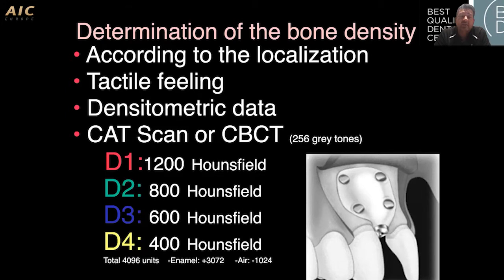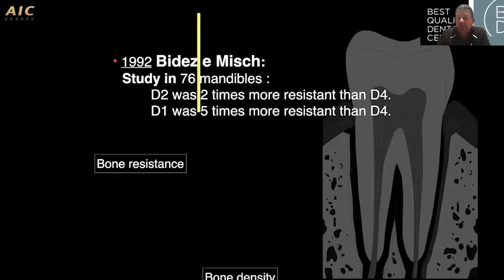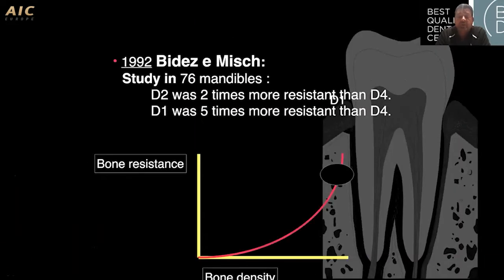I can tell you that the enamel of a tooth has approximately 3,072 Hounsfield scale, and the air that we breathe, for instance, has minus 1,024. So the density is very important for planning the procedure of installing an implant in the bone.